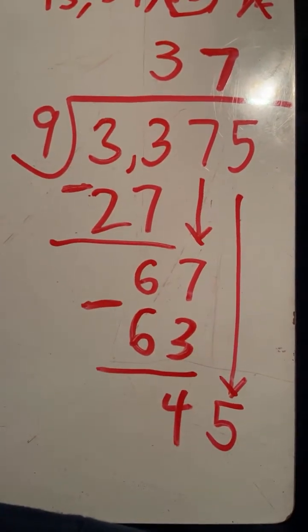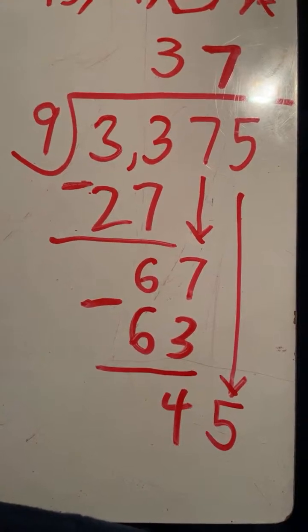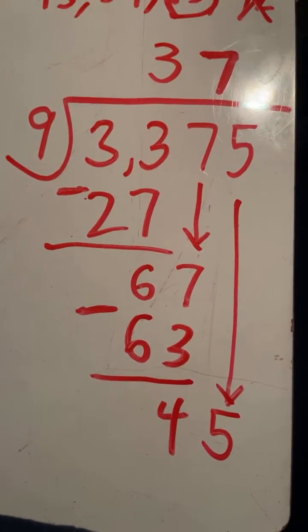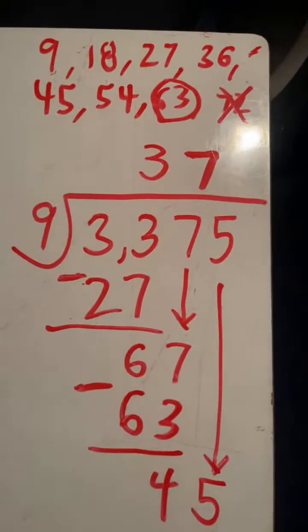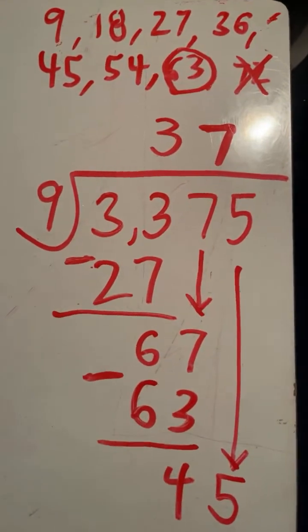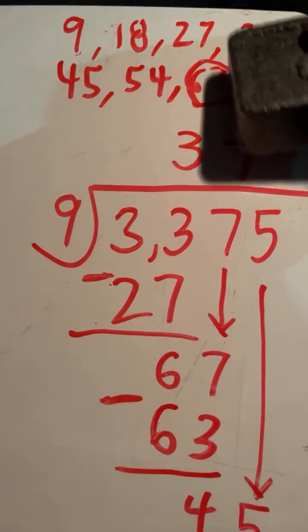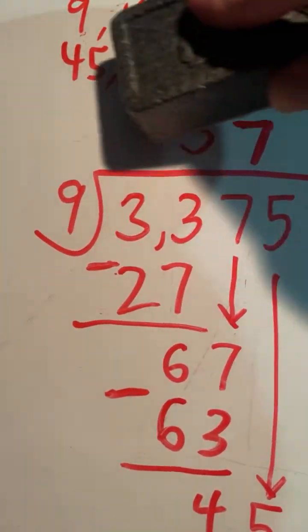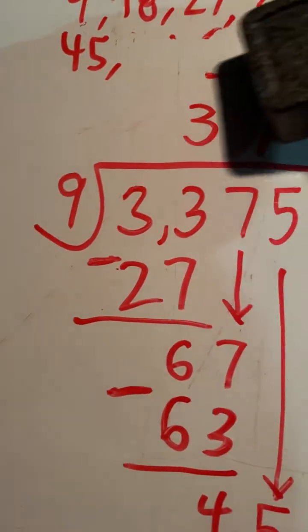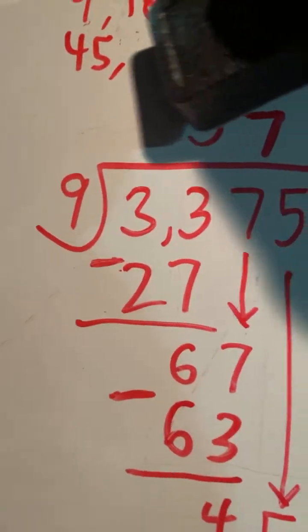Next, I'm going to bring down the 5. And now I have to figure out how many groups of 9 go into 45. Now, I could erase all this and start from scratch at 9, but why erase when the work's already there, right?